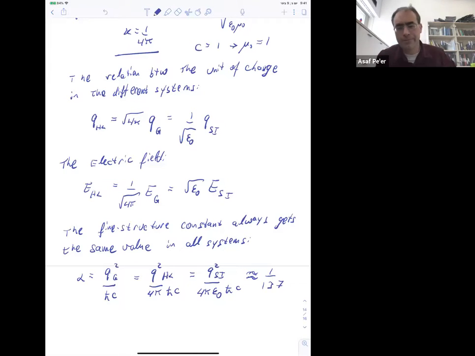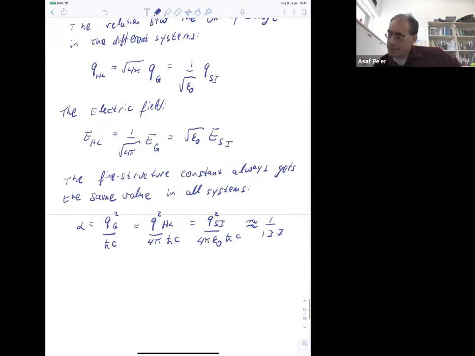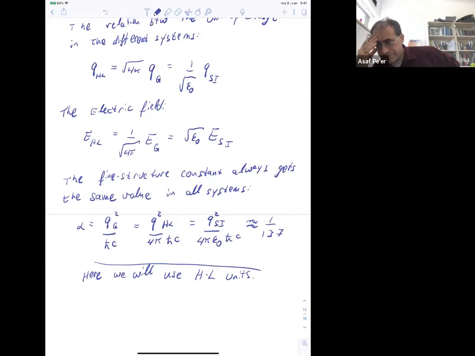I very much hope that I'm not going to introduce any strange factors of 4 pi floating somewhere in the air. Again, the reason is that many particle physics textbooks use that. This is kind of the standard.